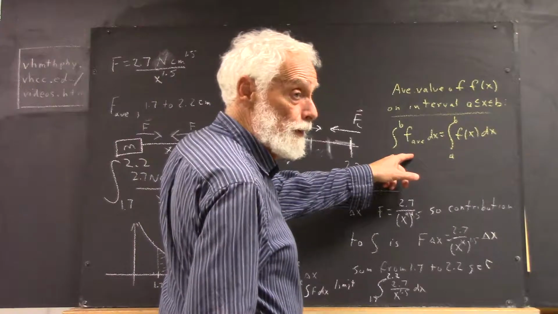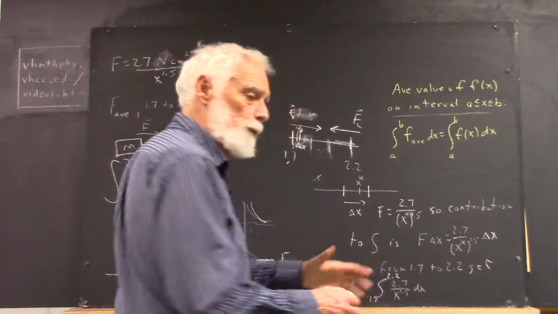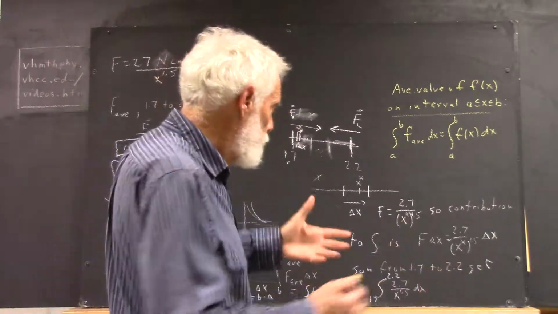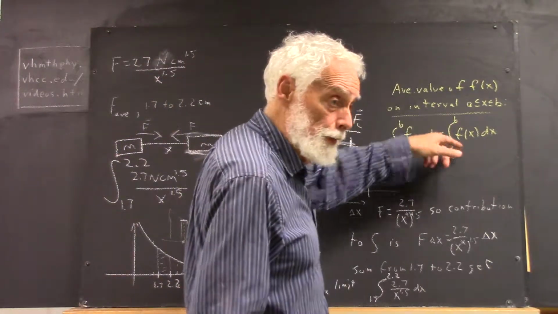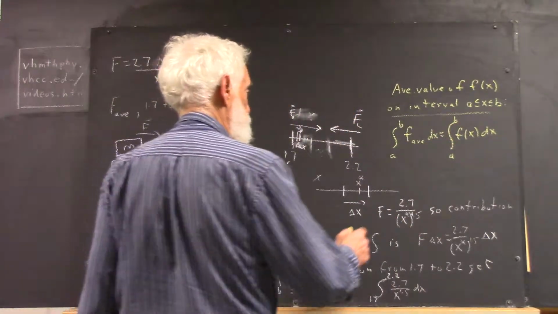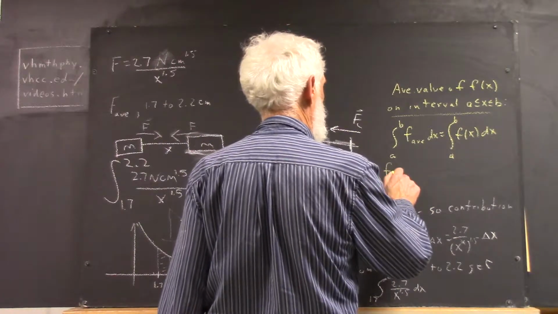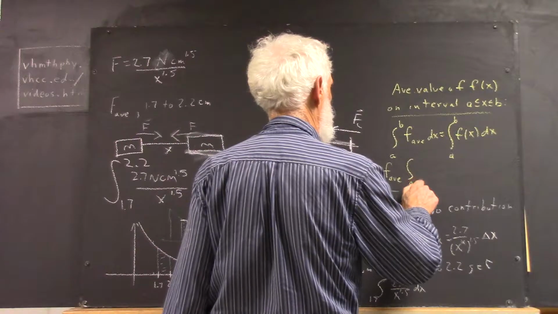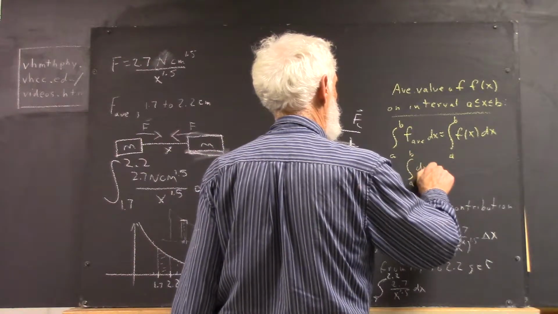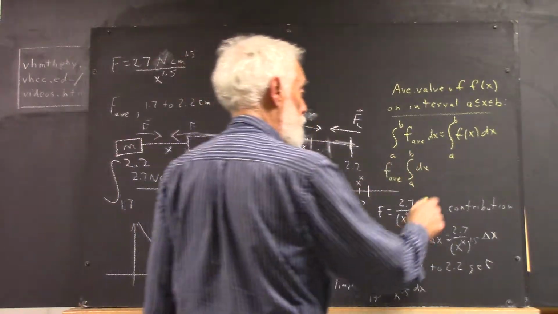Now, f average is just a number, so how can we calculate f average if we have the function f of x and if we assume that we can do this integral? Well, f average just being a number, we can bring it outside of this integral.